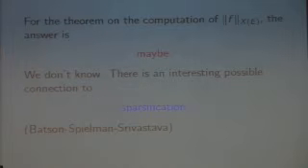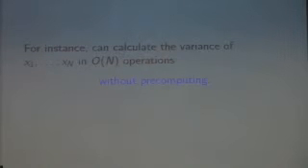This is due to Batson, Spielman, and Srivastava, and without getting into any details, let me just say that this magic word sparsification includes the fact that there is a formula for the variance of n numbers in O of n operations without pre-computing anything. Okay, so this is an amazing idea, and it seems that it can be applied.